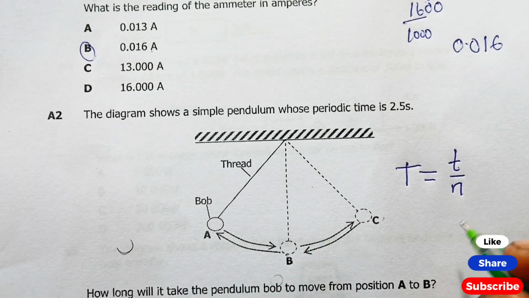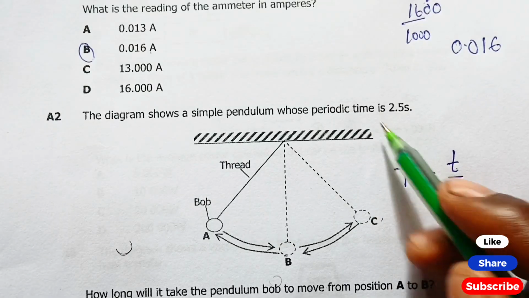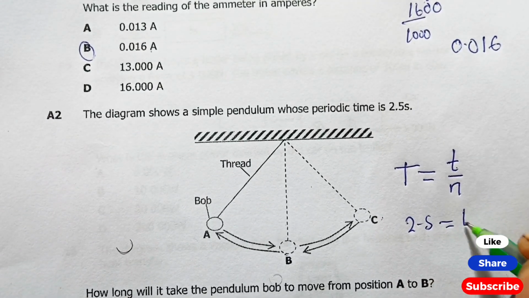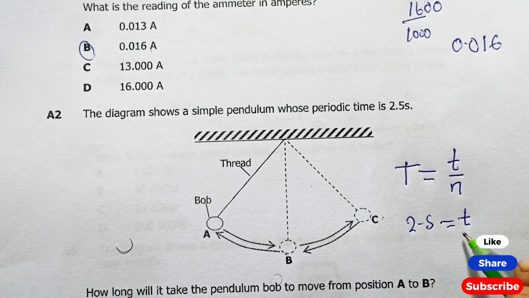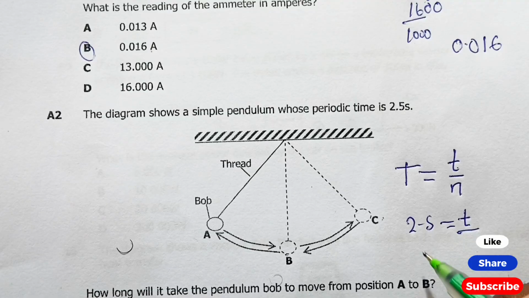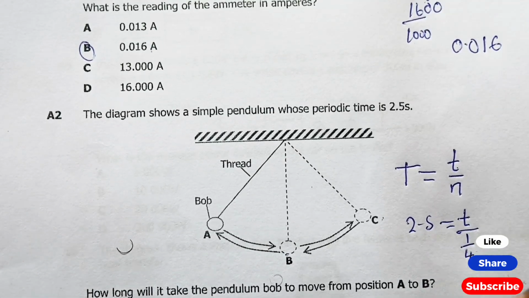So the periodic time you have been given is 2.5, equals the time, which is what you want to find, over N, which is 1 over 4.